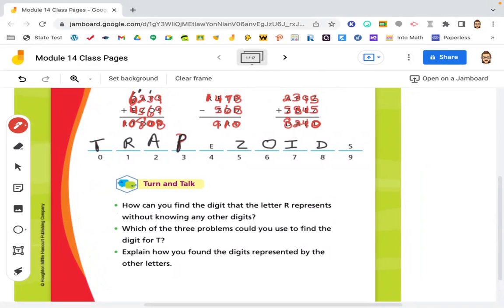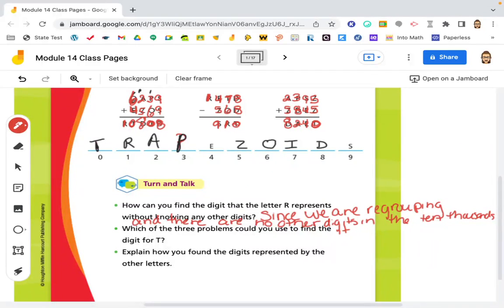We knew other digits first, but because we're regrouping, and there are no other digits in the 10,000s, it needs to be 1.